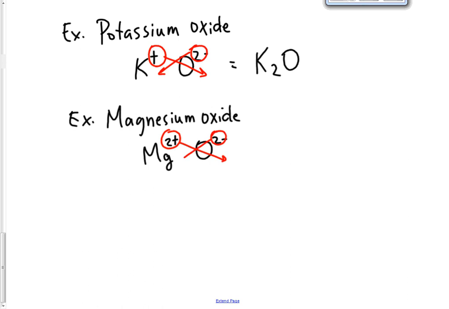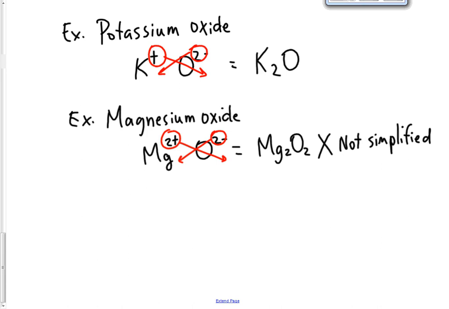We're going to cross these charges to make the subscripts, and we're going to get Mg2O2. Right now, this is correct in that you have made the charges the subscripts, but it is not correct because it is not simplified.